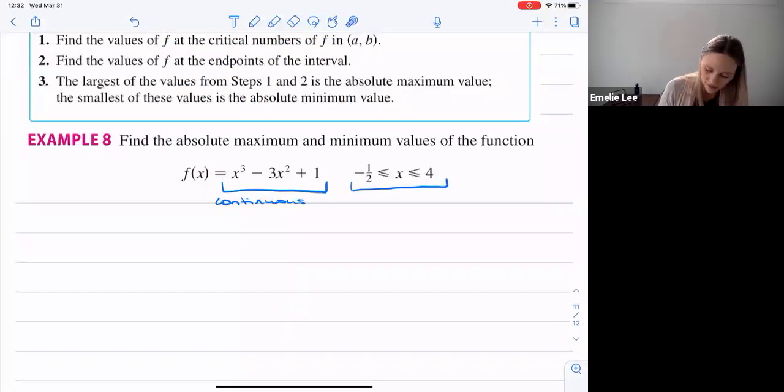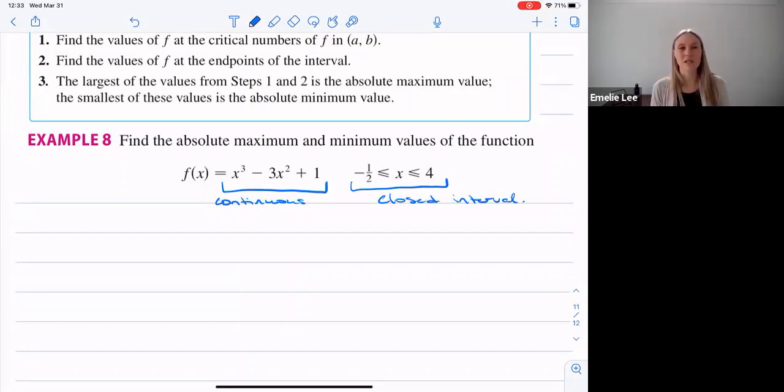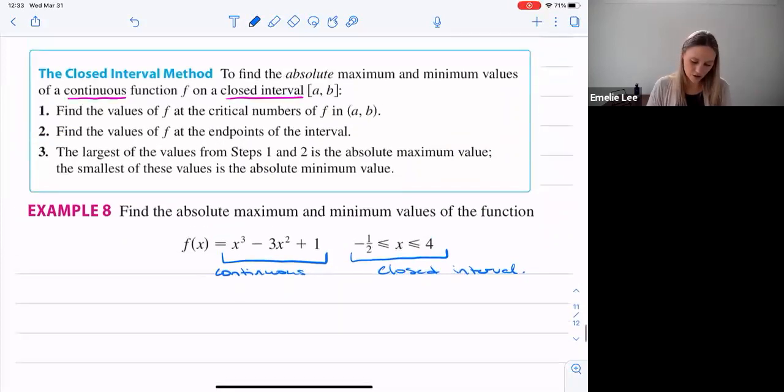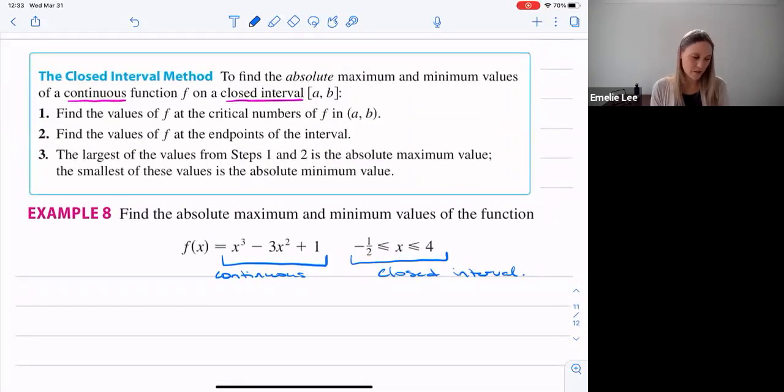And we're including these endpoints, so we have a closed interval, which means we can use the closed interval method to find maximums and minimums. And that's always going to be the case for us, right? Not in life, but for us.